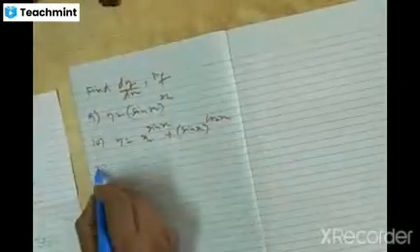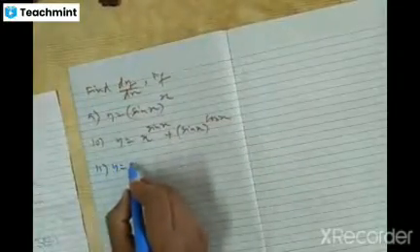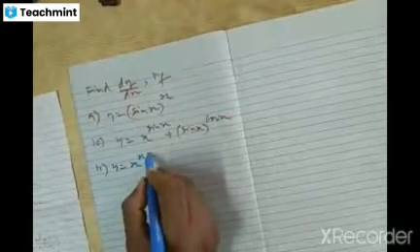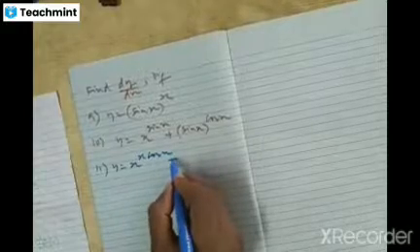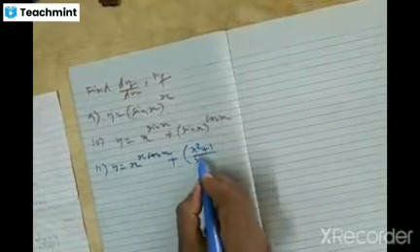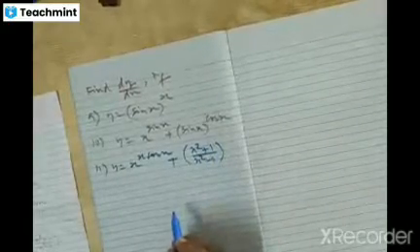Okay. Next, 11th one, if y is x power x into cos x plus x square plus 1 by x square minus 1. Okay.